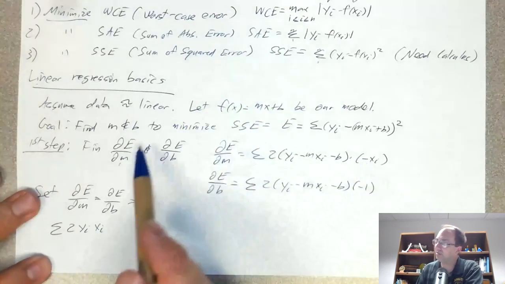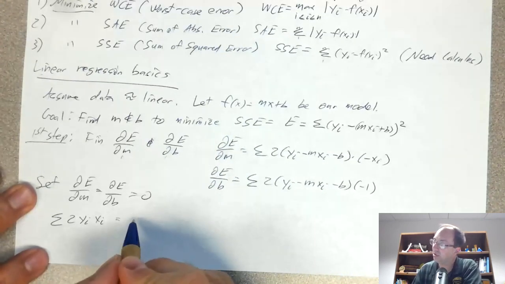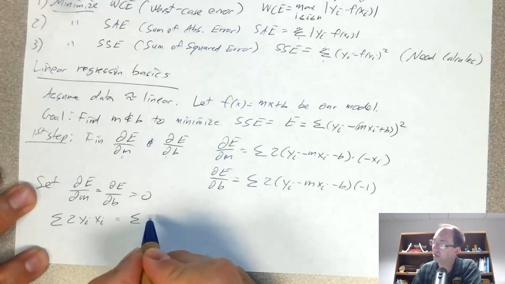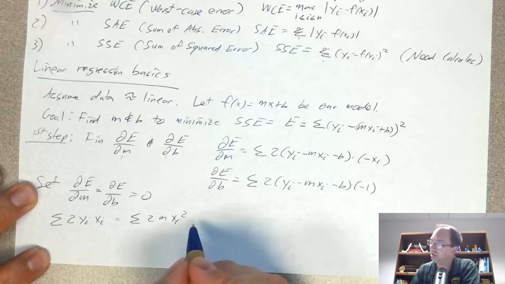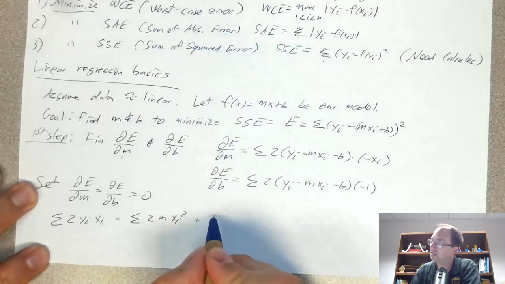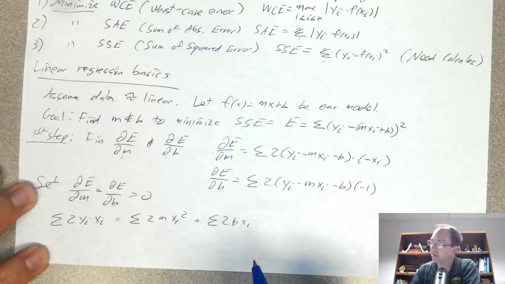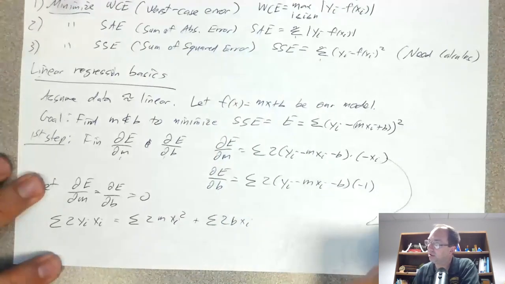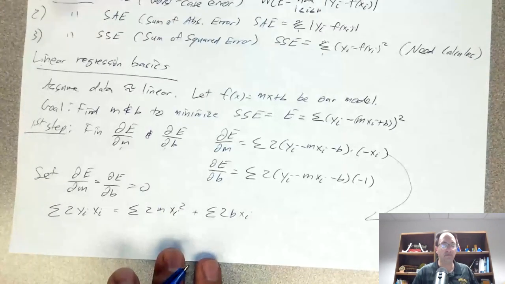So if I bring that over to the other side, equals the sum of 2mxi squared plus the sum of 2bxi. So that first equation set equal to 0 gives us something of this form.